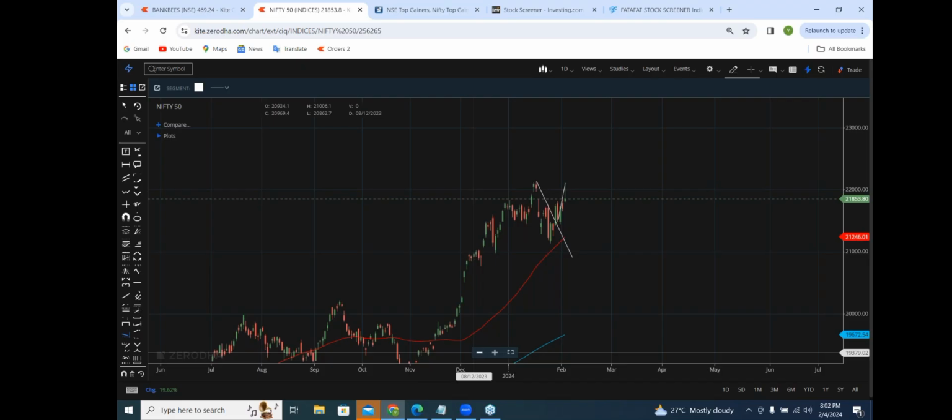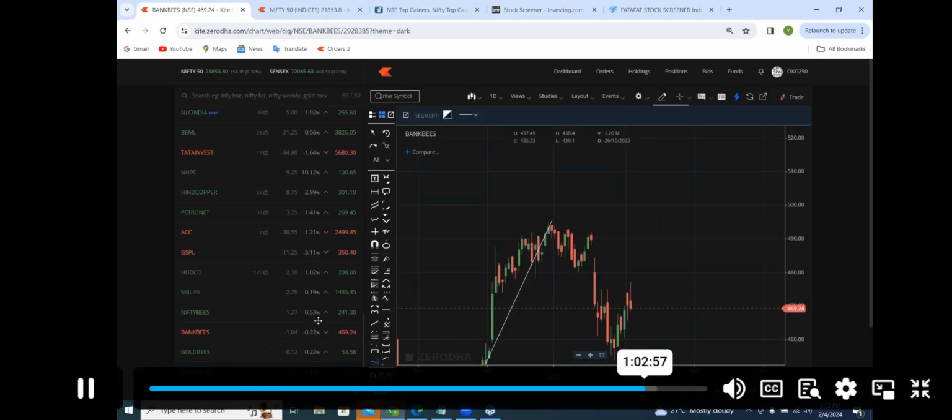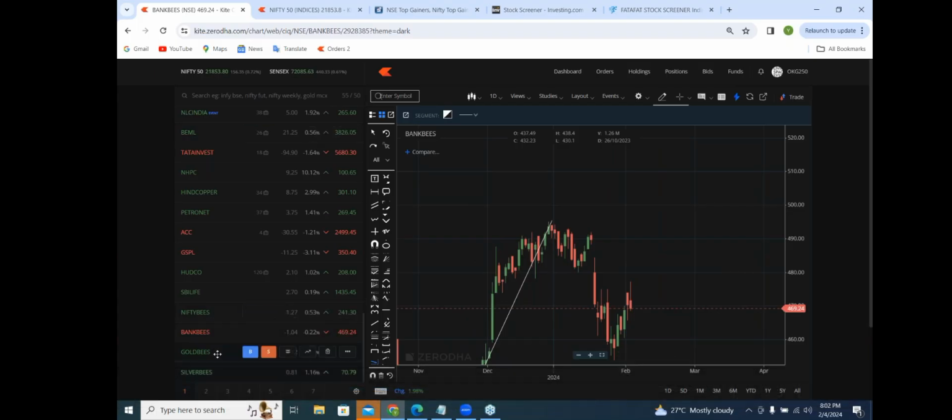Don't worry about PSU Bank. Out of all the Bees, Nifty Bees, Bank Bees, Gold Bees, and Silver Bees are the only liquid ones, Jyotiji. There are so many Bees like PSU Bees and others. Please stick to these four only. These four have very good liquidity.